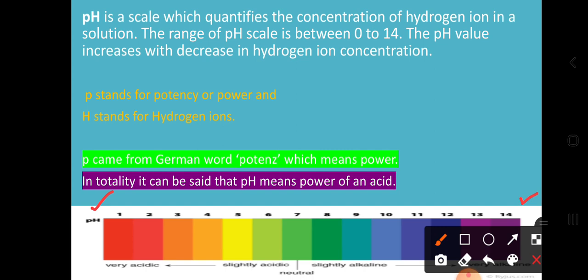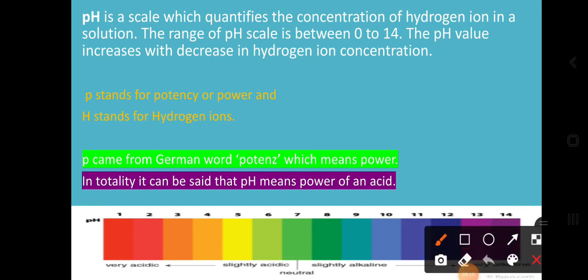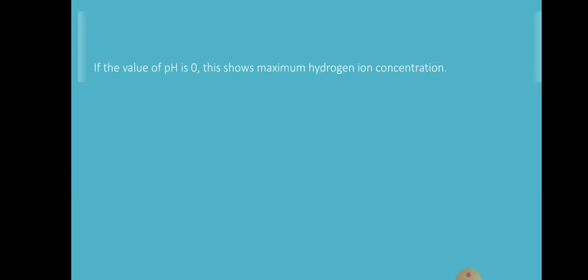When the number ranges from 1 to 7, it is acidic in nature, whereas when it crosses 7 towards 14, it is basic in nature, and when the number equals 7, it is called a neutral solution. Let us understand this concept one by one.